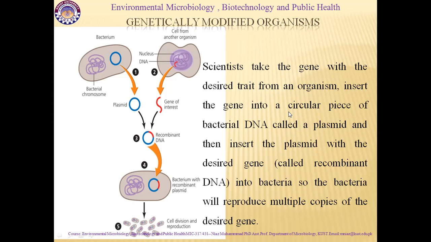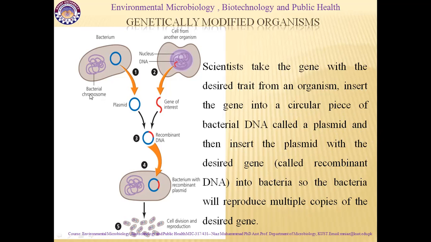They insert the gene into a circular piece of bacterial DNA called a plasmid, and then insert the plasmid with the desired gene, called recombinant DNA, into bacteria, so the bacteria will produce multiple copies of the desired gene.